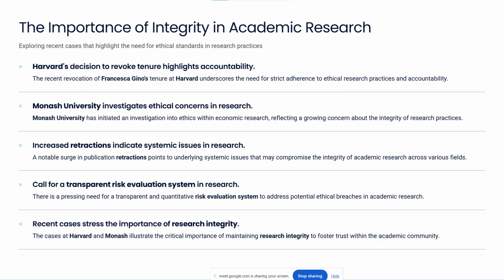In order to overcome those challenges and know more about these things, this RI square is very important. This research integrity and risk index was initiated by Harvard University and Monash University.